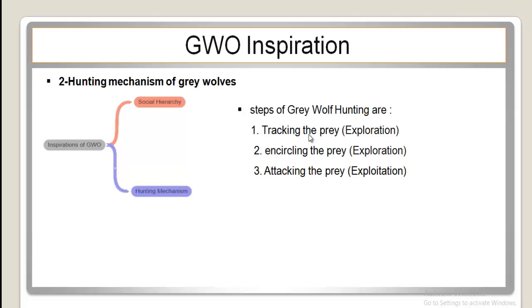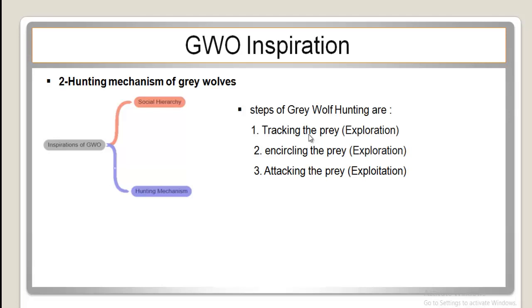The algorithm abstracts this behavior into three primary steps, each a phase in the optimization process. The first one is tracking the prey. This step represents exploration, much like wolves tracking the prey. The algorithm explores the search space, seeking out potential regions where the optimal solution could be.